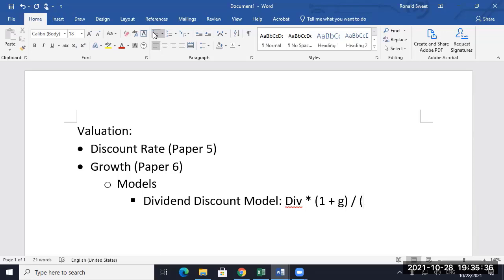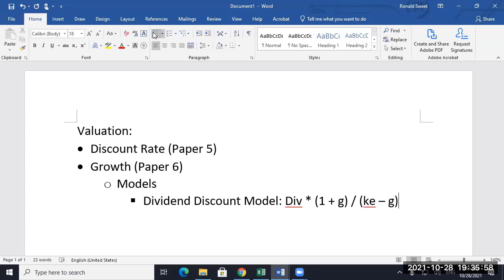R, so what is R? I don't use R, not WACC, but you're close, a part of WACC. Required return on equity, cost of equity capital, minus G, right?